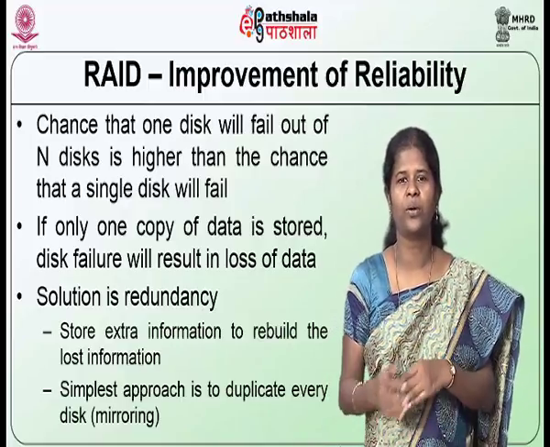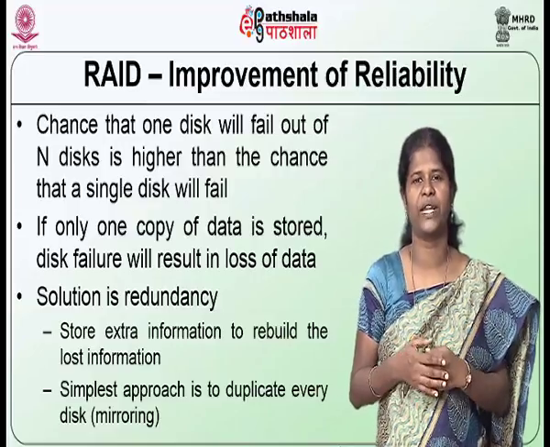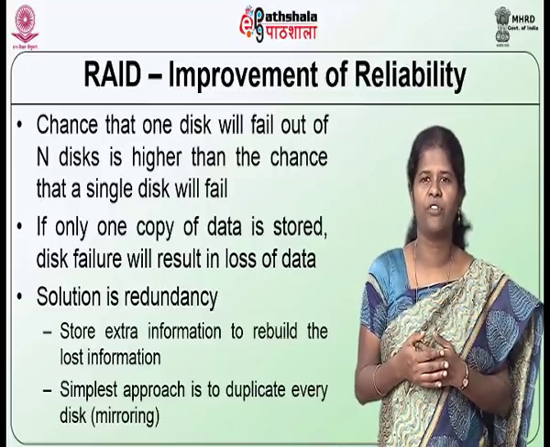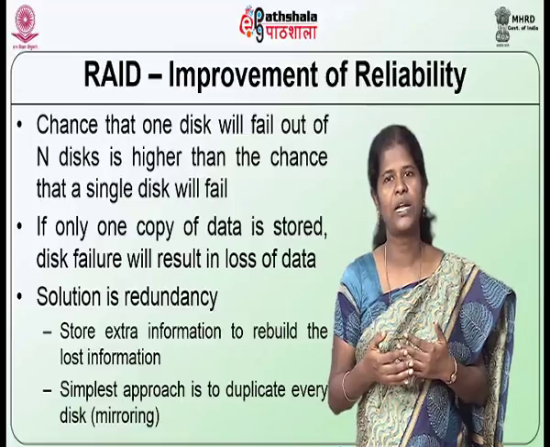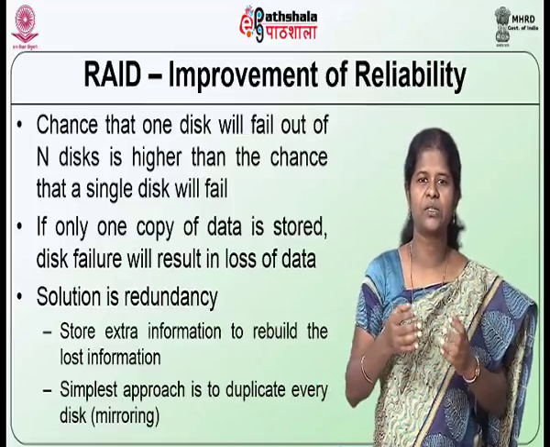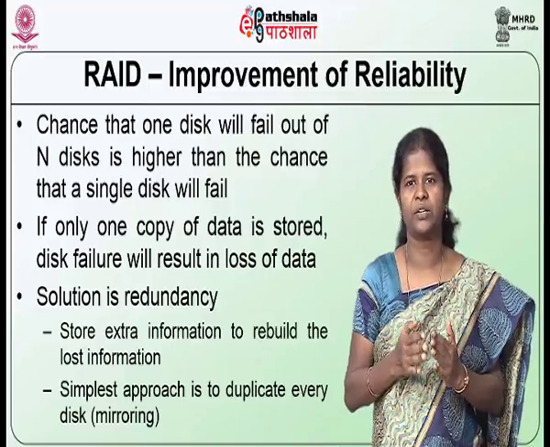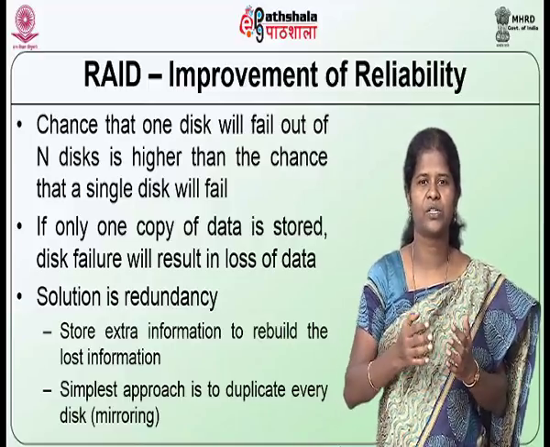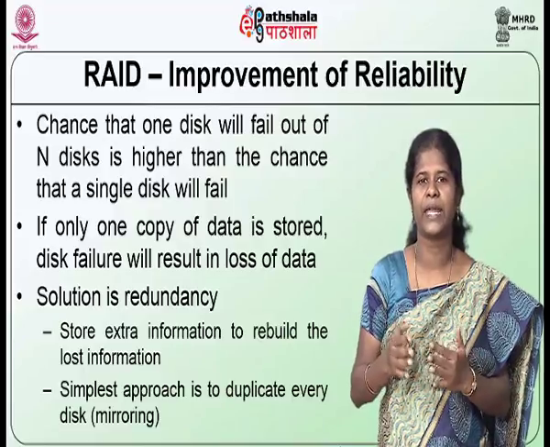How do you avoid this loss of data? You need to go for different solutions, and one such solution is redundancy. What is redundancy? You need to store the information multiple times, or duplicate the information.